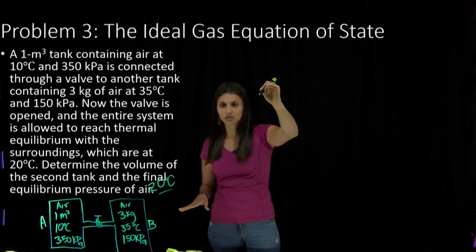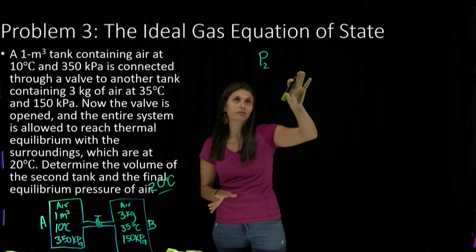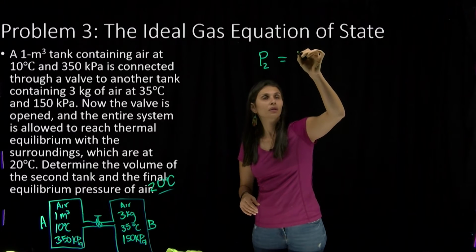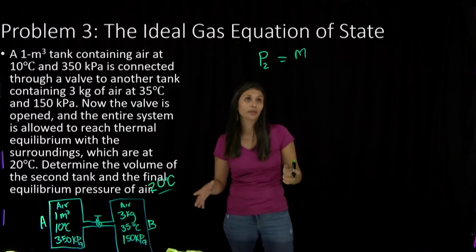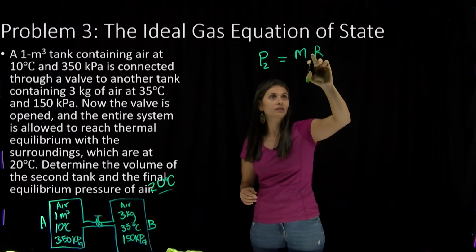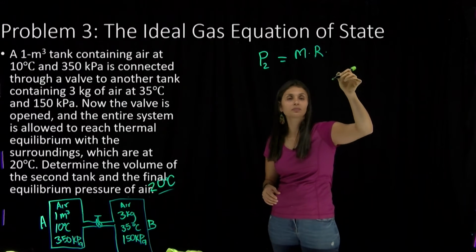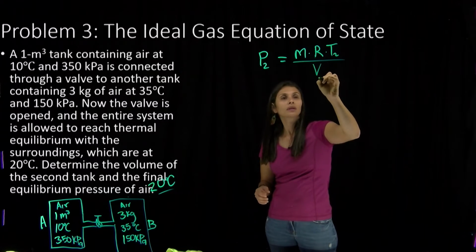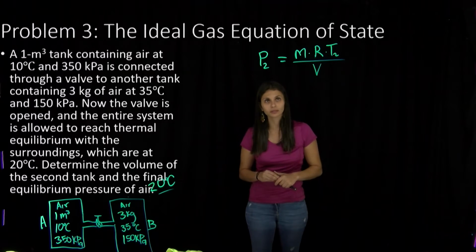Okay. The pressure at the final state will equal the mass of air in the system times the constant, which we already wrote down in the SI system, and the temperature at the final state over the total volume of the system, which we also calculated.